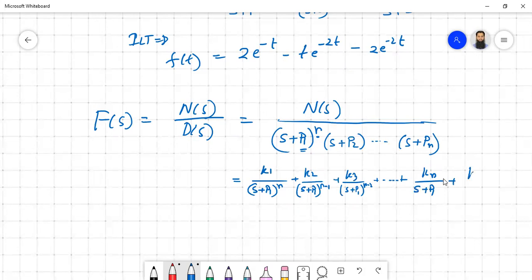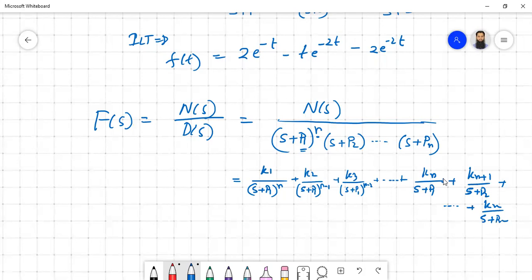So say K(r+1), because already we have r number of coefficients, divided by (s+p2), and it goes on up to Kn/(s+pn). So this is your generalized version.